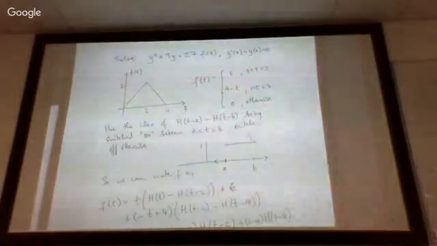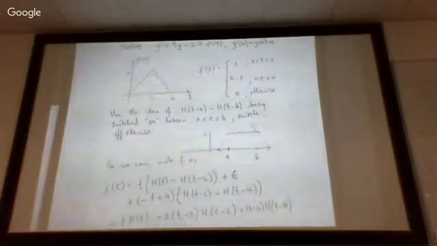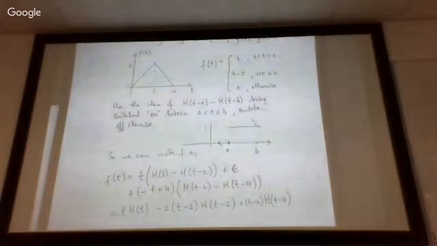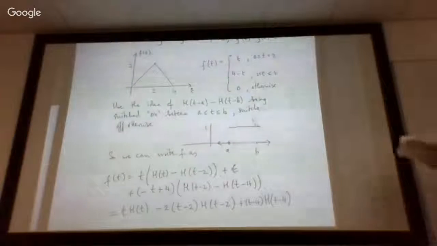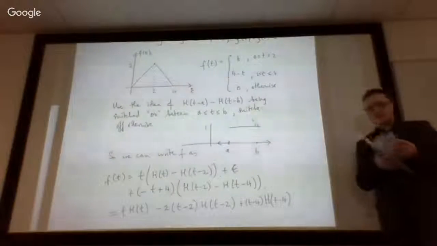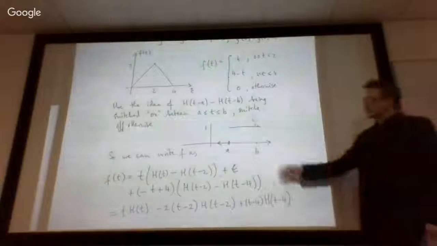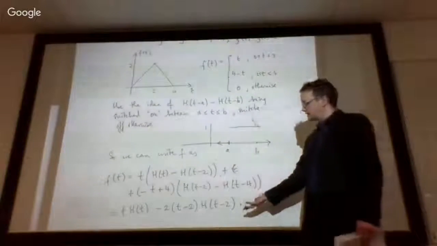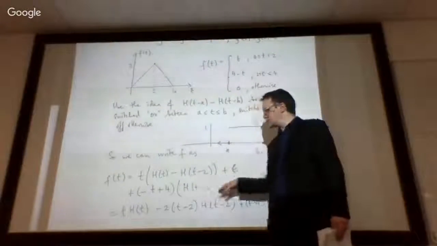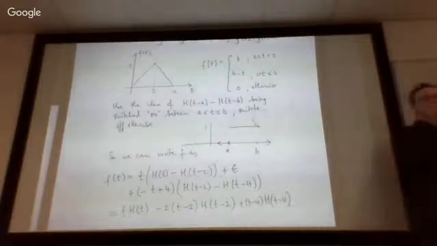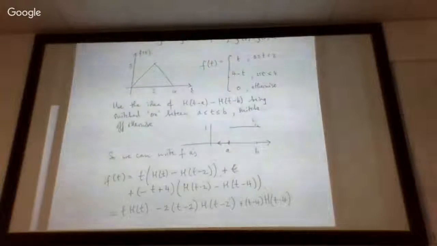So in the first step to solve that, we'll have to take the transform of the whole equation. So we'll need to be able to write down the transform of the function f of t. And because it's got Heavisides in there, we want to get it into this standard form. So we see it as a function of t times some Heaviside, but the function of t, which is in front of the Heaviside, is evaluated at exactly the same argument as its associated Heaviside function.